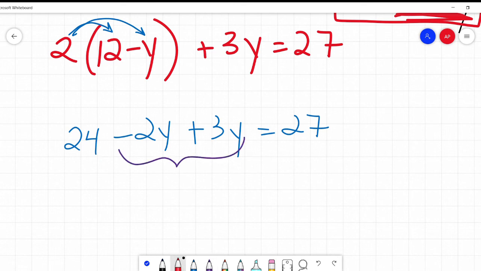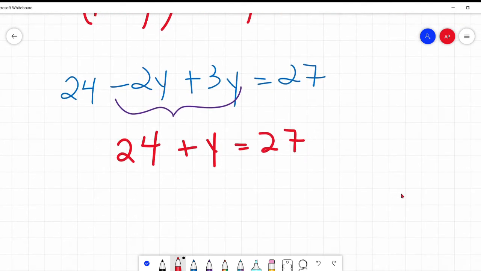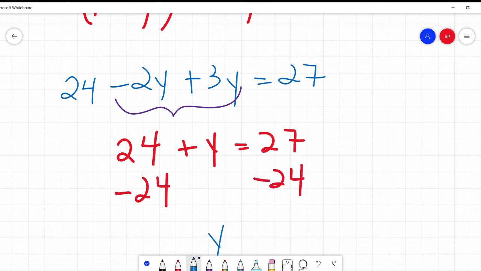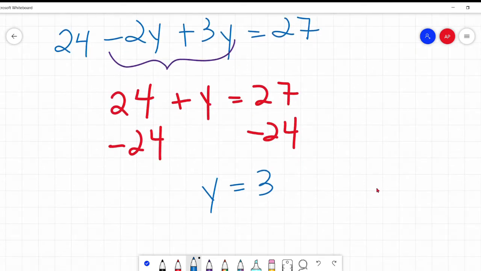And that gives me, next line, 24 plus y equals 27. Now, even simpler, y plus 24 equals 27. I'm going to subtract 24 from both sides to solve for y. y equals 3.